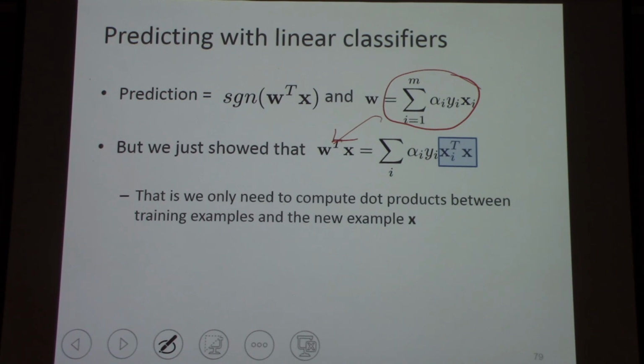So effectively, the only computation that's needed to make your final decision, if for now let's pretend that memory is a solved issue, is this: if you remember the entire training set and the alphas, all you have to do, given a new example, is compute the dot product between that new example and the entire training set and take the weighted average. So really the only thing that's needed is this dot product. Make sense?